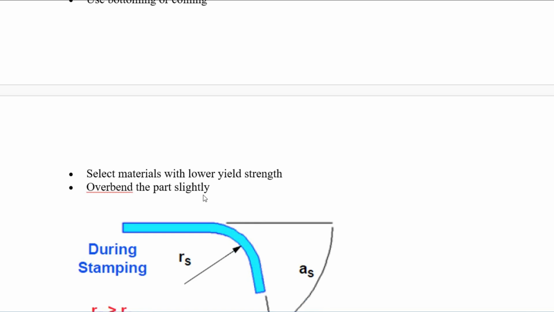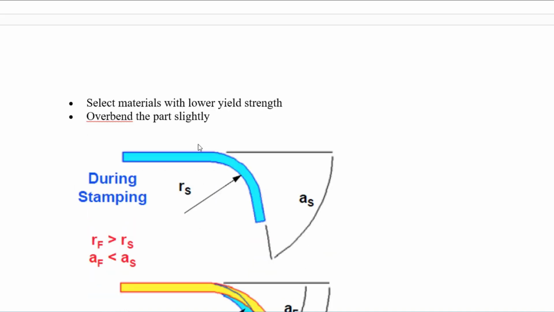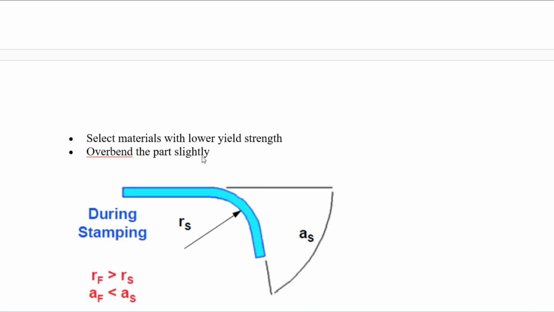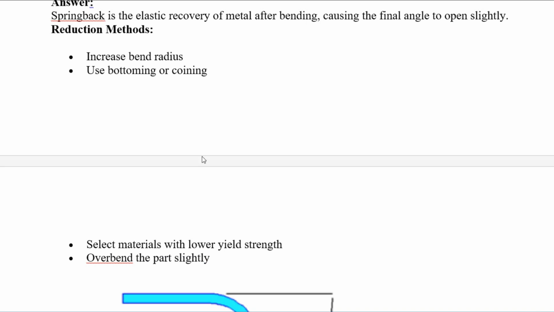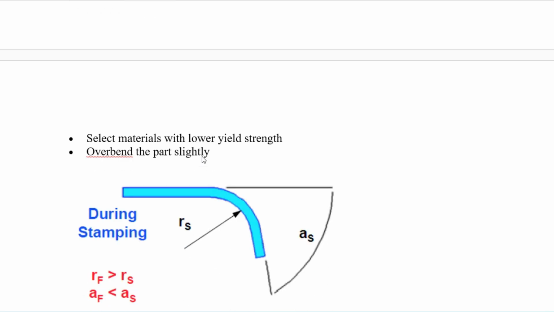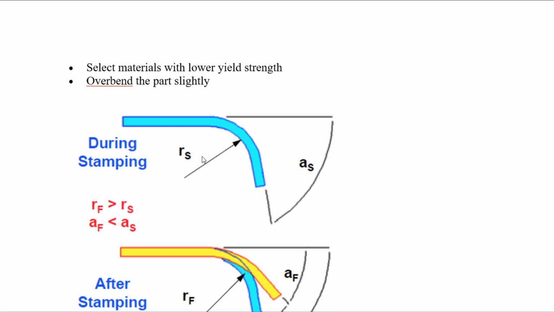Suppose we require 90 degrees, then we need to bend to 91, so that we get 90. Based on that we can try and overbend the part slightly, or choose the right material, or use a different bending method and increase the bending radius. This is called the springback effect in the sheet.